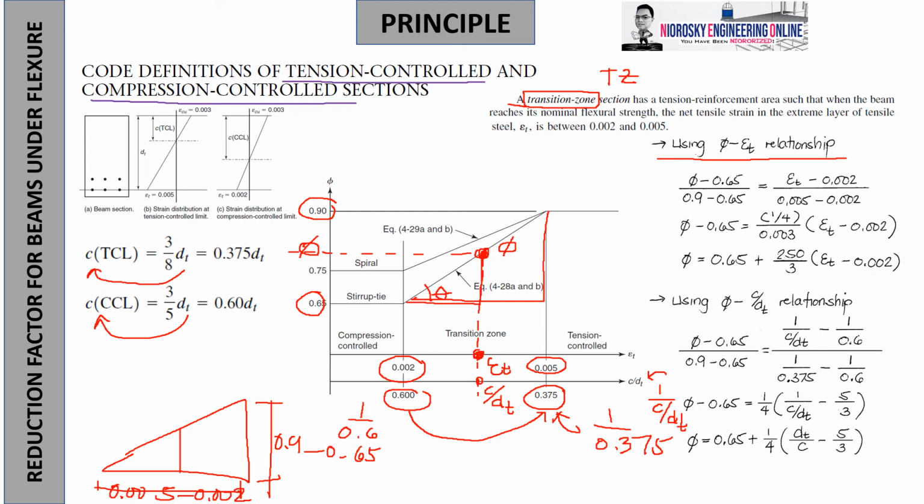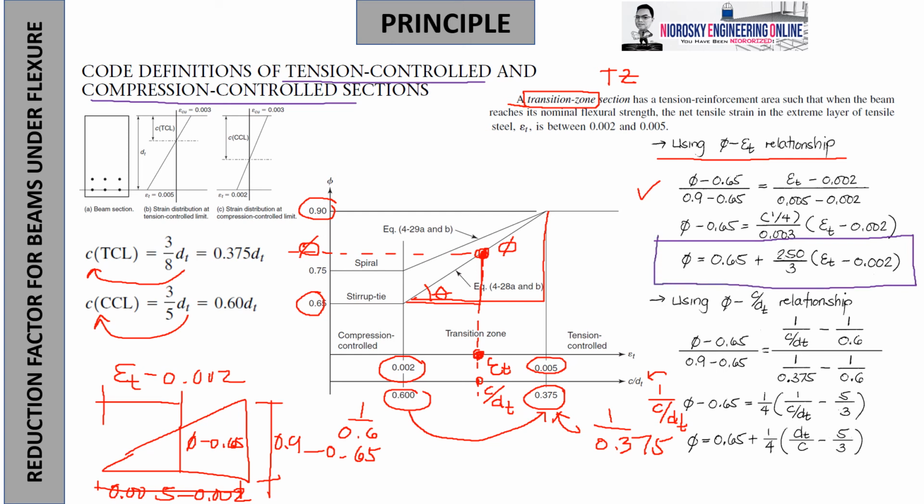Okay? Tapos, this one is phi minus 0.65. Tapos ito, this is just E sub T, the unknown value, minus 0.002. So that's why I arrived to this. And then finally, upon derivation, you will identify 1/4 over 0.003, or also known as 250 over 3. So therefore, ito yung katulad ng pinasent ng code kanina. So this is the computation of phi under transition zone.